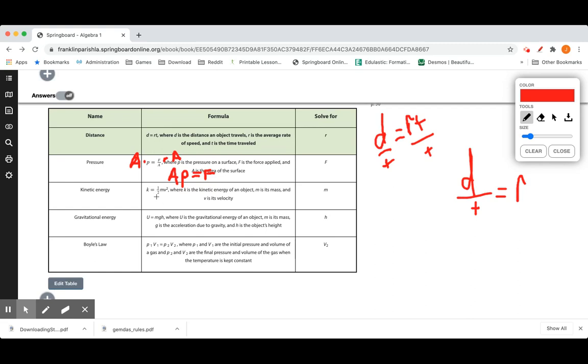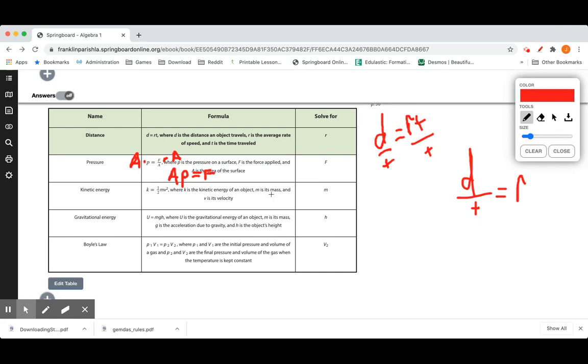Kinetic energy is equal to 1/2 the mass of an object times its velocity squared. Remember, there are two kinds for this. We have kinetic energy and potential energy. Potential is the energy of an object at rest, kinetic energy is the energy of an object in motion.